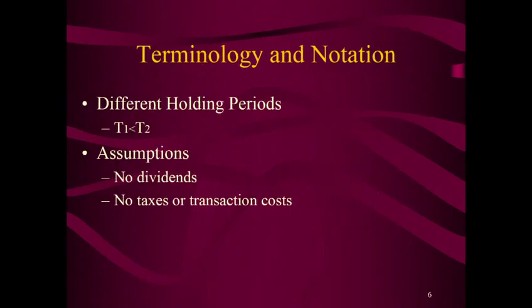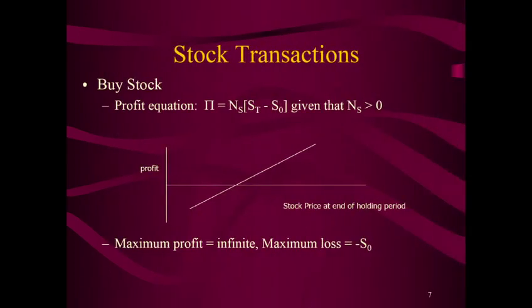Okay, we assume no dividends and no transaction costs, but I've just illustrated to you that even if you account for dividends and transaction costs, you can quite easily see where your break-even point is going to shift. Any question on this slide?